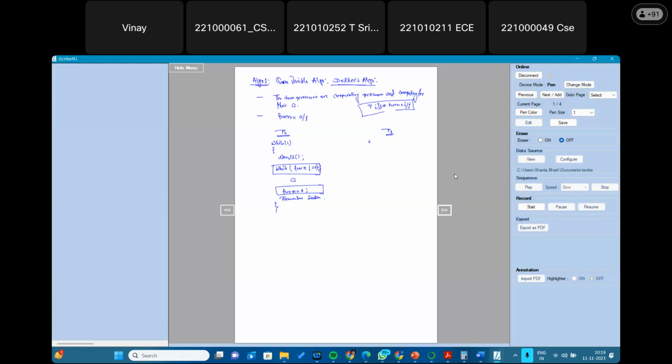So you can see, initially let us suppose turn value equals 0. Clear? So turn value 0 means what? P0 will be executed first. You can check: while turn not equals 0.